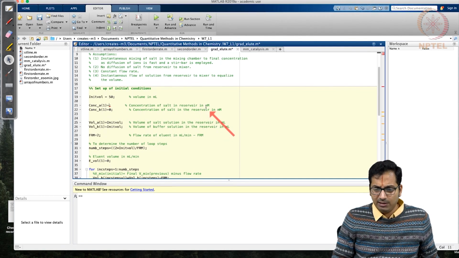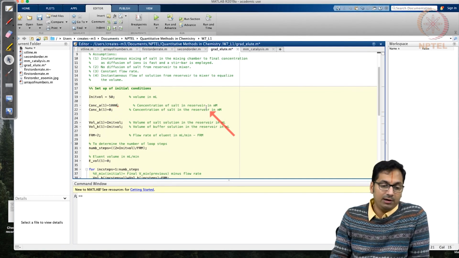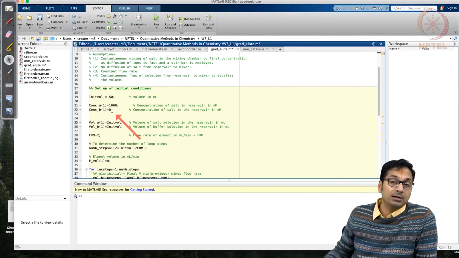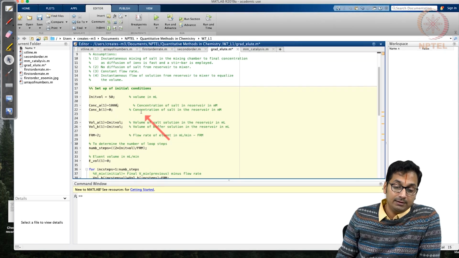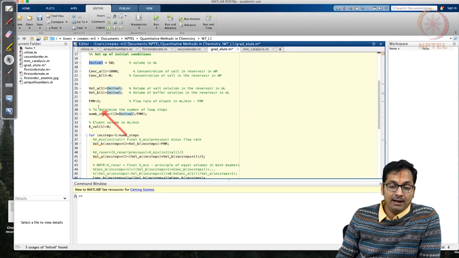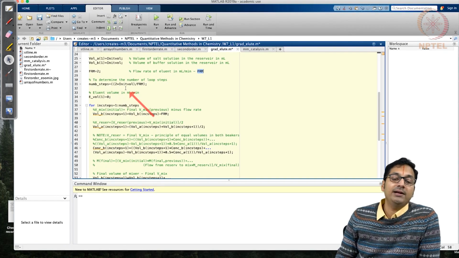We can write it in millimolar, so 1000 millimolar, and then concentration in B. This is the reservoir from which the solution goes into the column. Then of course we are setting the initial volume for both reservoirs within a variable, initial volume, and the flow rate per minute, short-formed as FRM, is given as 2. In this case, it's 2 ml per minute, and then I'm calculating the number of steps.